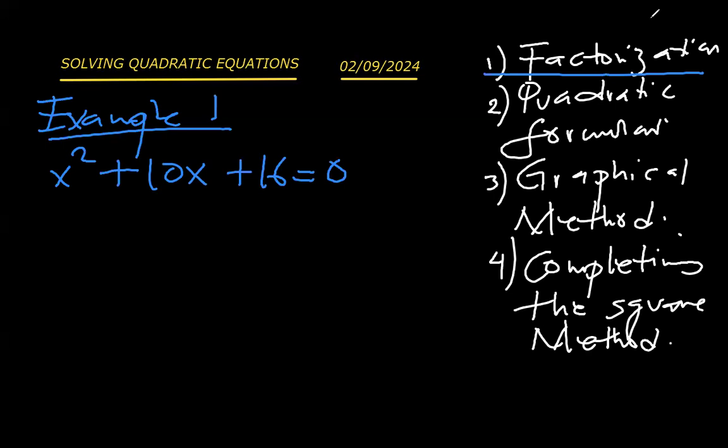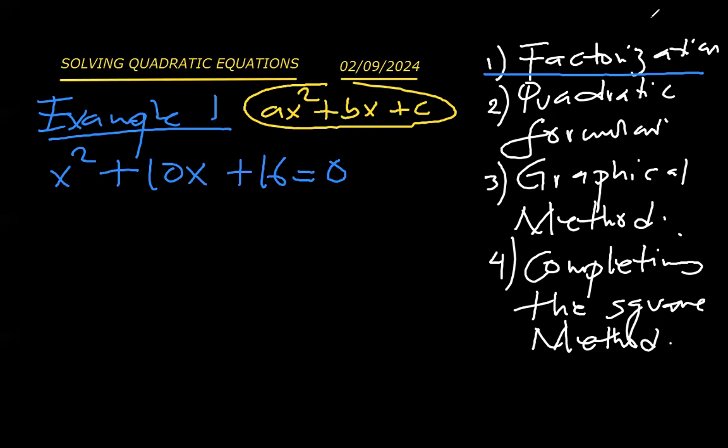Just to mention something, all quadratic equations have a general form of ax squared plus bx plus c, where a, b, and c are all constants. In our case, the coefficient of x squared, which is a, is 1. The coefficient of x is 10, and the c is 16.